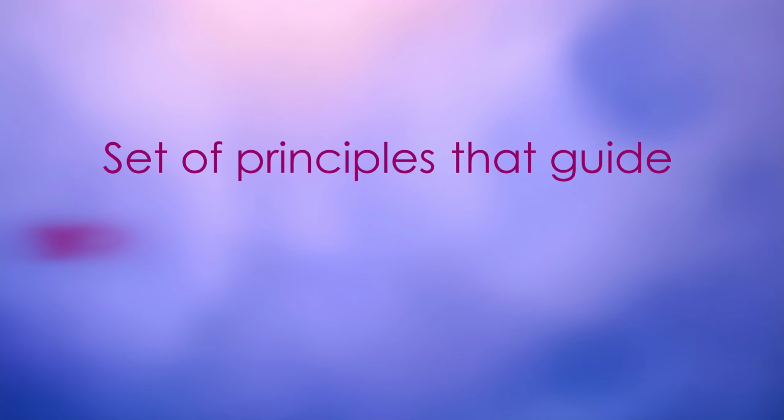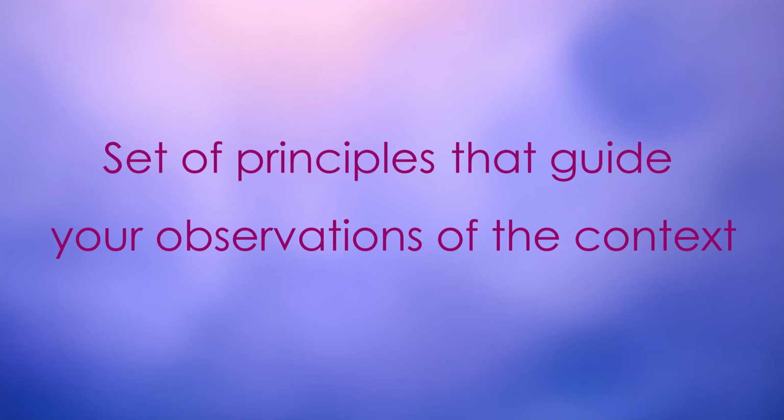So what is theory? Theory is a framework or set of principles that guide your observations of the context. The simple way of describing theory is to view it as a lens, the lens with which you are going to look at the context or the object of study.